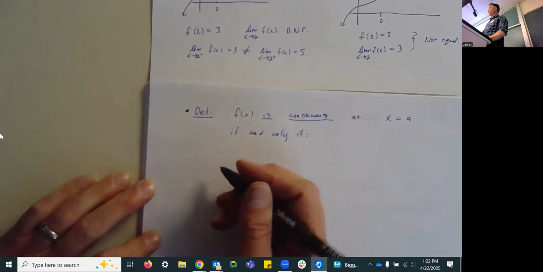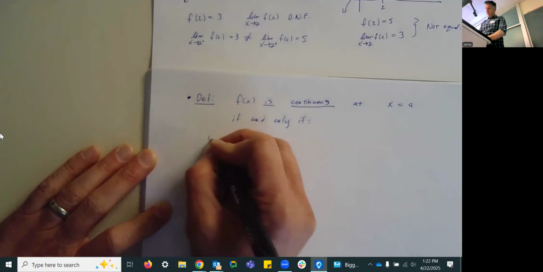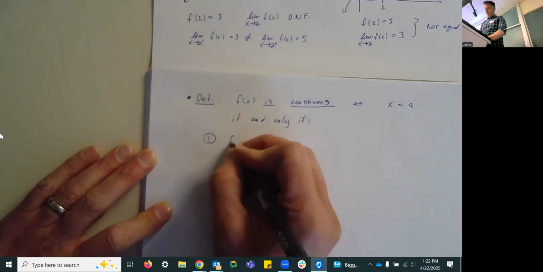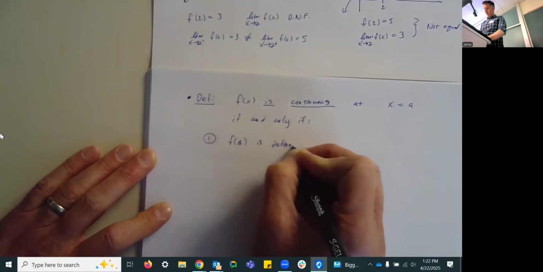So I will actually point out it's kind of unnecessary to write these first two parts. I'm going to write them anyway. These three things are true. One, f of a is defined or exists, whatever you want to say.